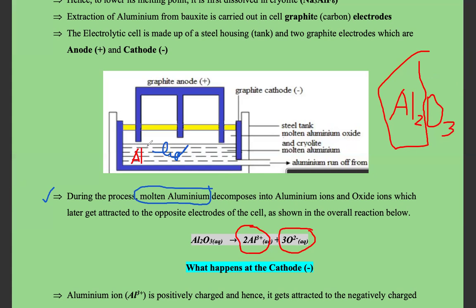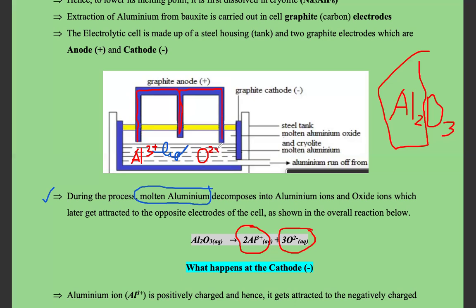So what is going to happen is that because these ions have different charges and the terminals also have different charges, we expect opposite charges to attract. So we can see that this is our graphite anode, which is positively charged.